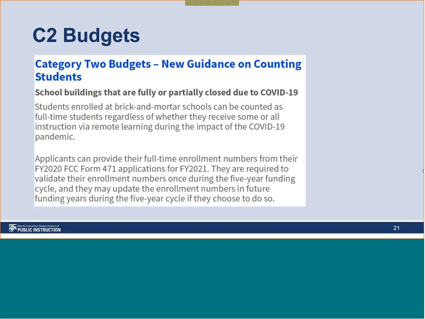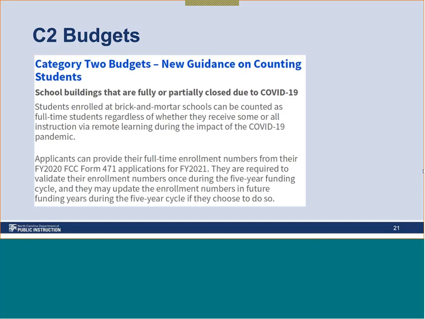The children who are enrolled in a brick and mortar school, who come to school and may be sent home for remote learning for 2 days or 2 weeks due to a closure for a COVID outbreak, or even a blizzard, a water main break, a hurricane, whatever, but you're still remote learning.